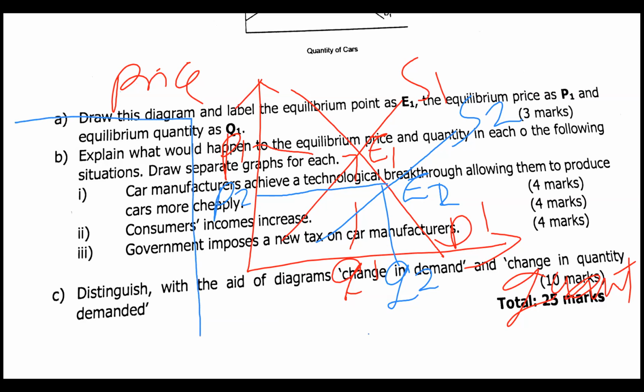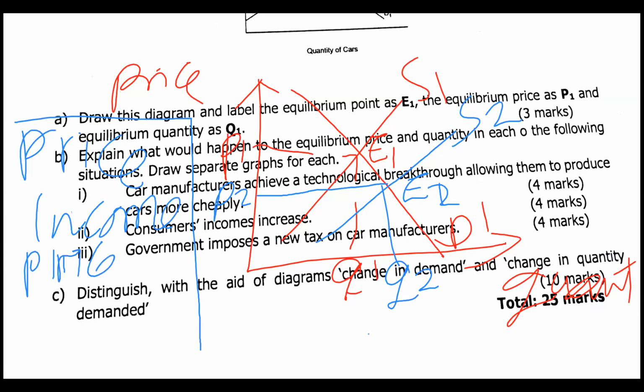Demand is affected by the price of the commodity, the income of the consumers, the price of related goods, which could be substitutes or complements, and consumers' preference, the tastes and preferences. All those things affect demand.